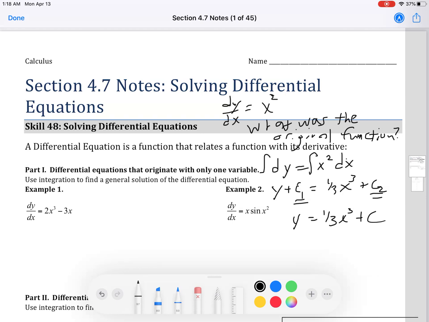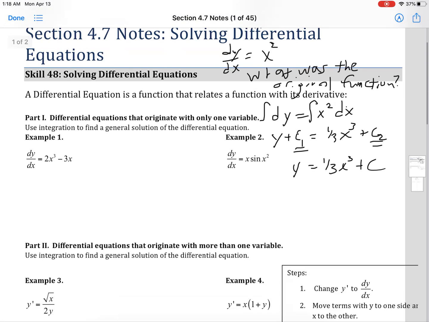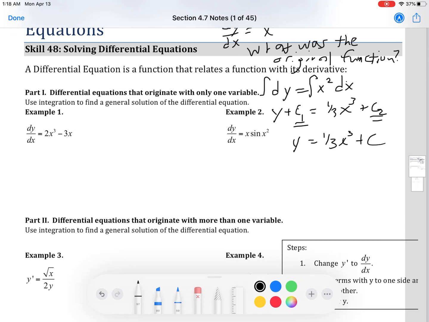And part one, example one, really is about this level, except there's another term. So if I'm doing example one of part one, I would first write this as dy equals 2x cubed minus 3x, and we want to multiply both sides by dx. And then I'm going to take the integral on both sides, because I want the antiderivative of the derivative to get the original function.